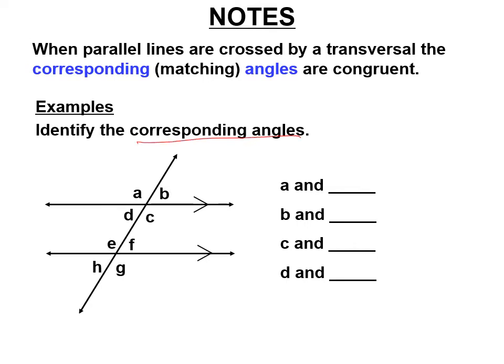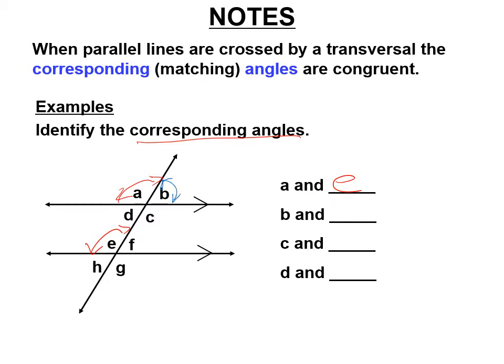So we want to find the corresponding angle. Which one matches A? Well, the one in this picture that's the same as A, not the same size, but the same orientation as A, the corresponding angle, the one in the same spot elsewhere, is E. A and E are corresponding angles. What's the corresponding angle to B? Well, here's B over here.